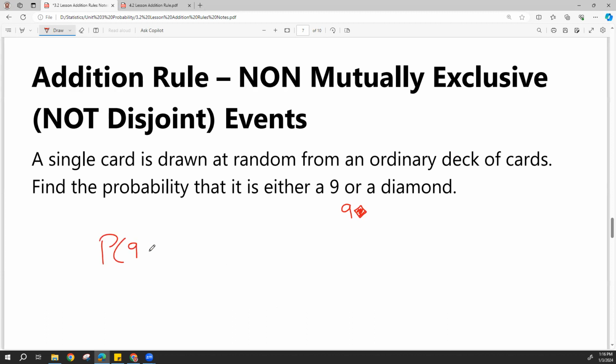So the probability of a 9 or a diamond, we take the probability of getting a 9, add to that the probability of getting a diamond. And then we have to subtract out of that the thing we're counting twice. So we're counting the 9 of diamonds in this probability, and we're also counting it in this probability. So we got to subtract it out 1 time.